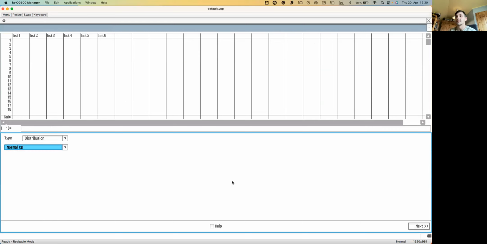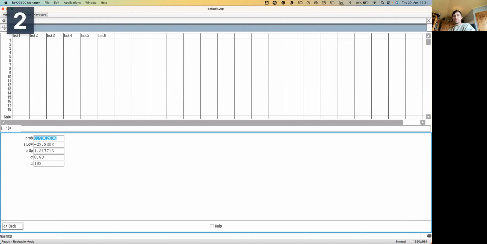I want normal CD, and I want to find the probability that a randomly selected apple is less than 172. I'm going to use the lower bound of 0, upper bound of 172, standard deviation of 6.83, and the mean being 163 grams. That gives me a probability of 0.9062. We'll just go to four decimal places.